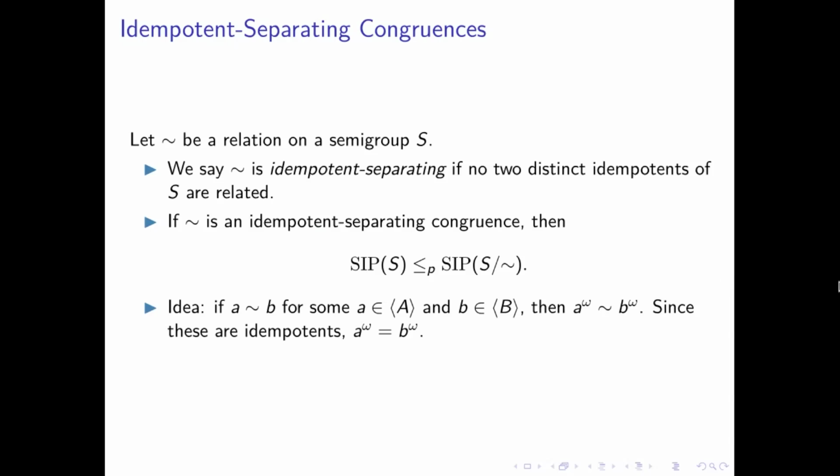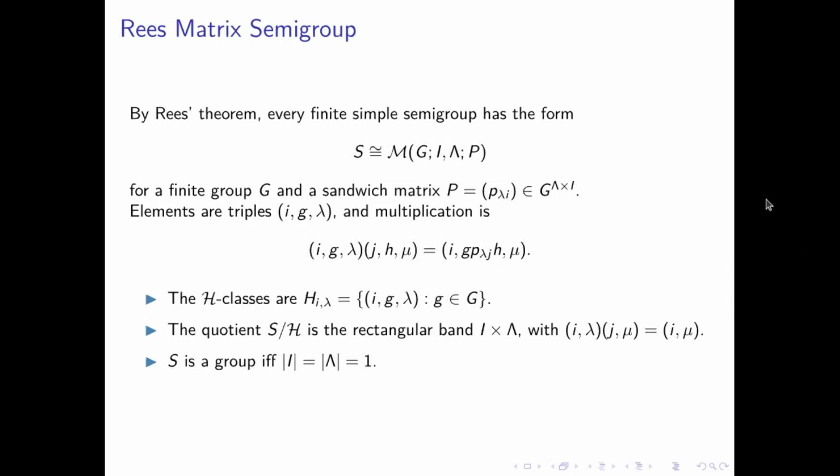You use the fact that if there is an intersection in the quotient, then you take the idempotent power of each element. But since this relation is idempotent separating, they must actually be equal in the original semigroup. And there's another notion that we need, from Rees. This is a Rees matrix semigroup.